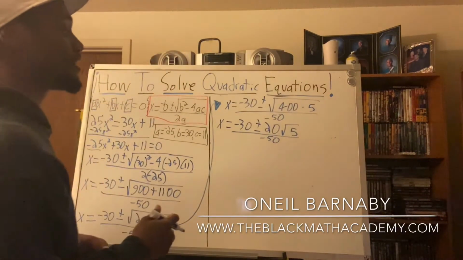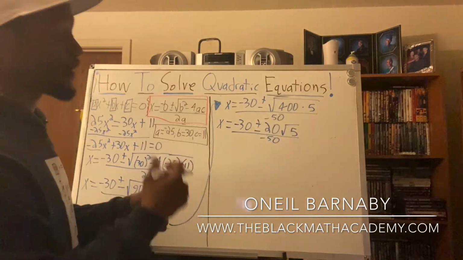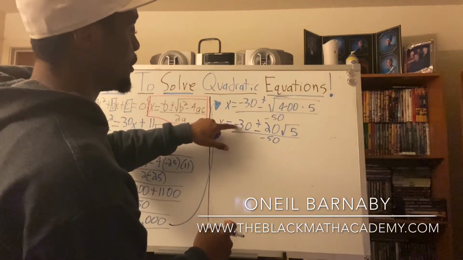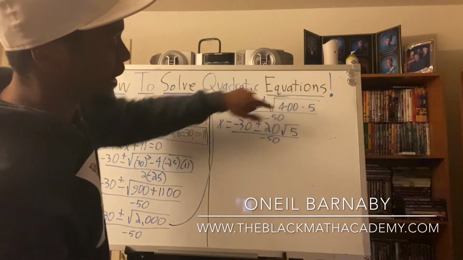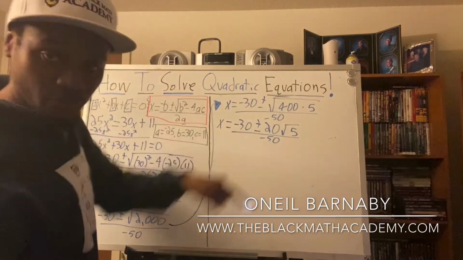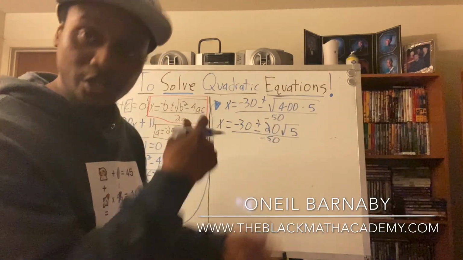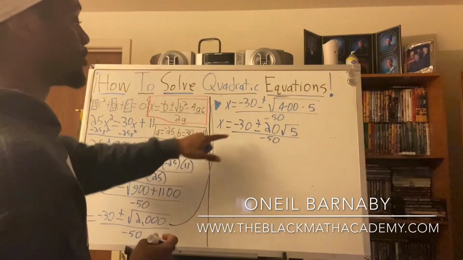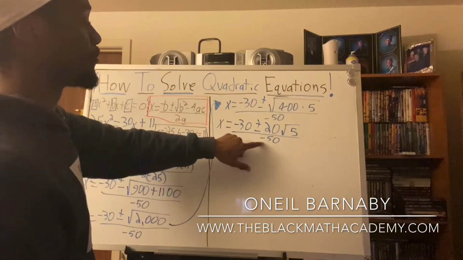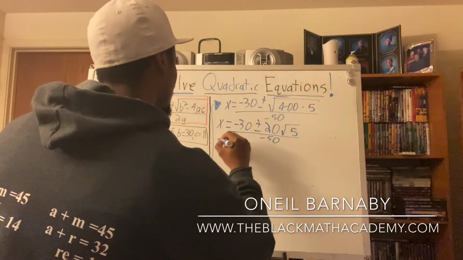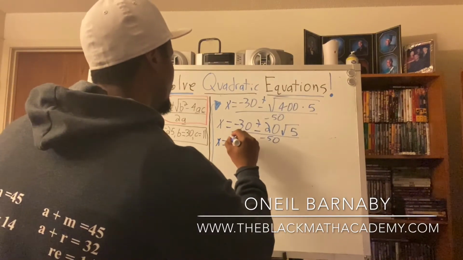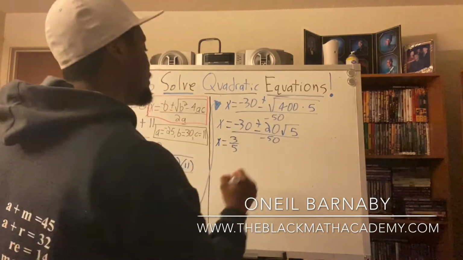Anyway, here we can now simplify the fraction. It is negative 30 over negative 50 plus or minus 20 root 5 over negative 50. So we can solve them both individually the way it's set up. Negative 30 over negative 50, if you simplify that fraction, becomes 3 over 5.